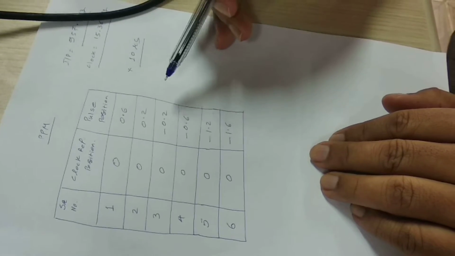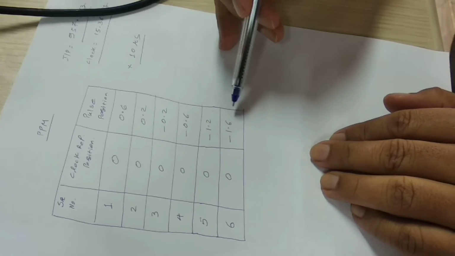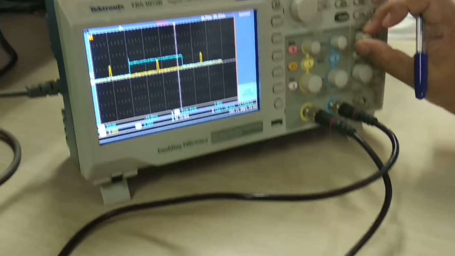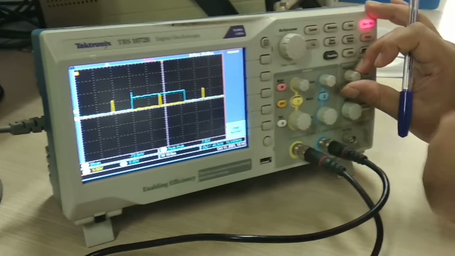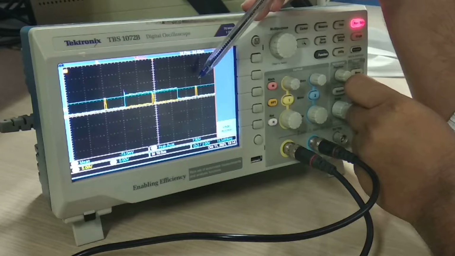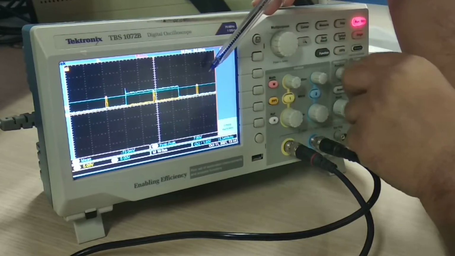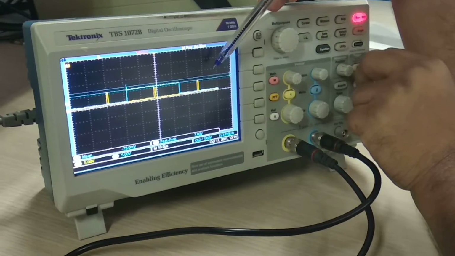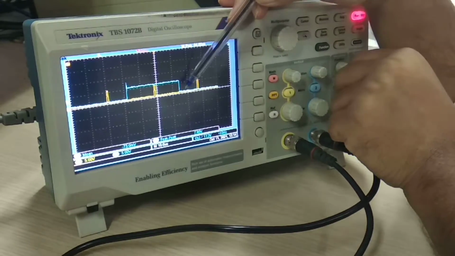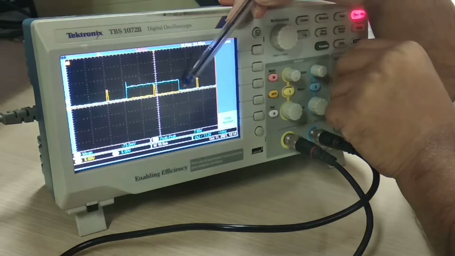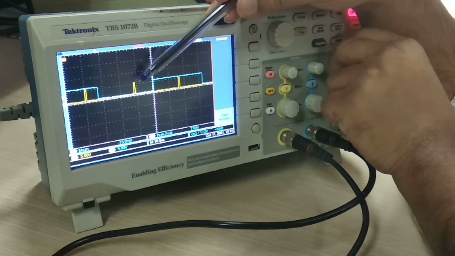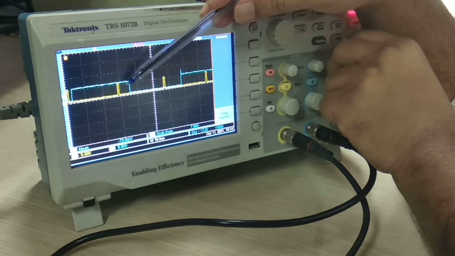Either the pulse is shifting towards left or right of the clock. Okay. So this variation we can see here also. You can see this pulse is at the left, then this pulse is also at the left, this pulse is at the left, so all are negative.